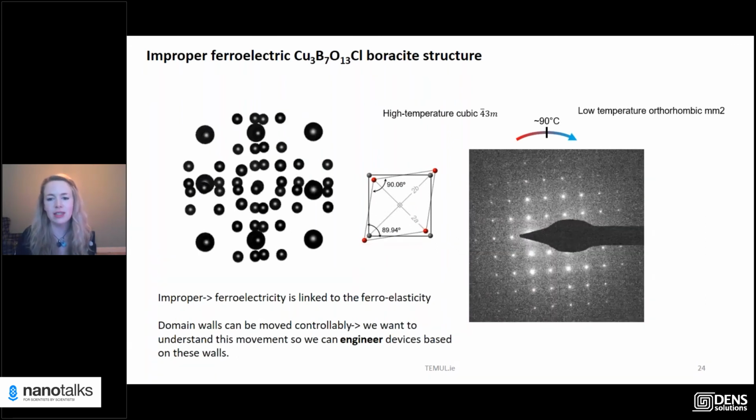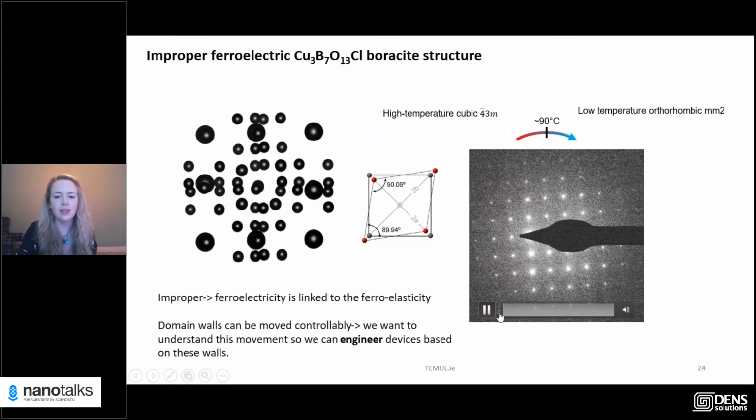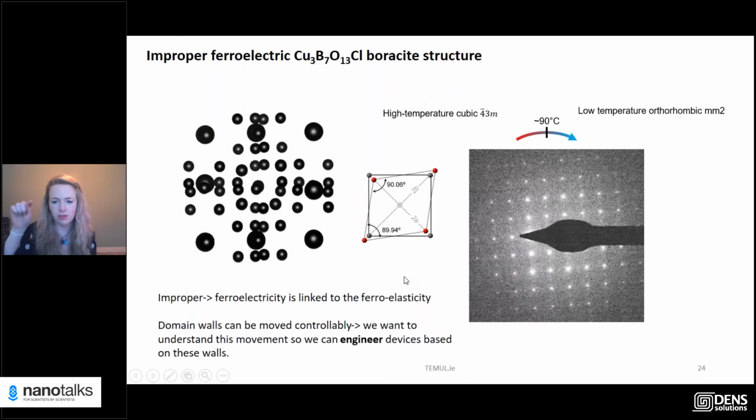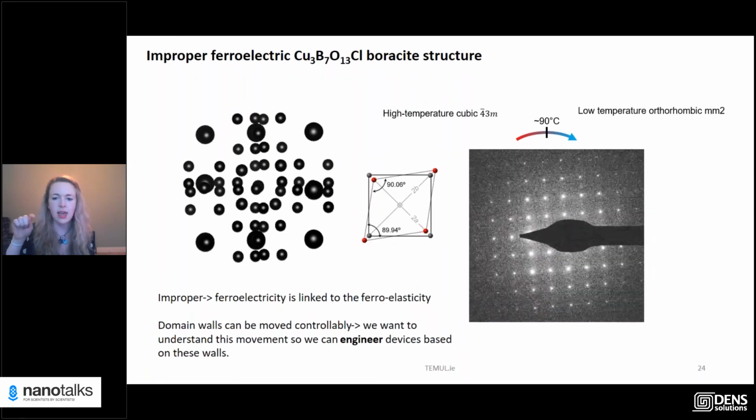Hopefully you can see that at the low temperature it's nice and cubic, and then you get that shearing, like in that little schematic I have there. If I play this again, you can see at the low temperature you get this first sublattice, and then you get these extra superlattice spots at the lower temperature.